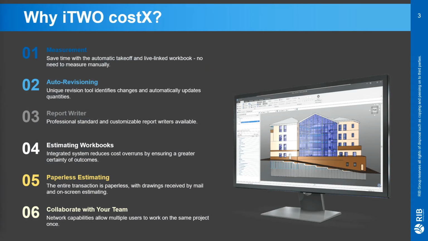It offers quick and easy on-screen takeoff and measurement that can then be live linked to our comprehensive workbooks to help you save time and eliminate errors. The platform also offers a professional report writer, an auto revisioning tool to help with new drawing versions, and much more.